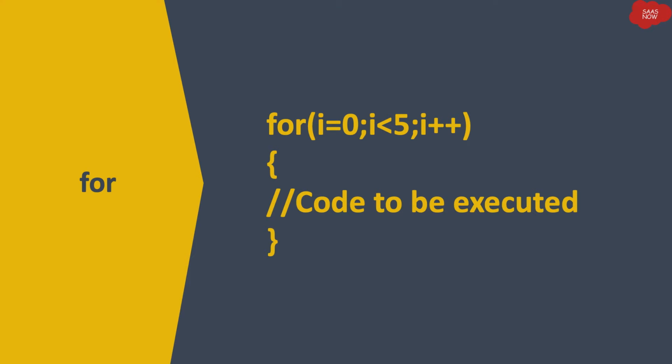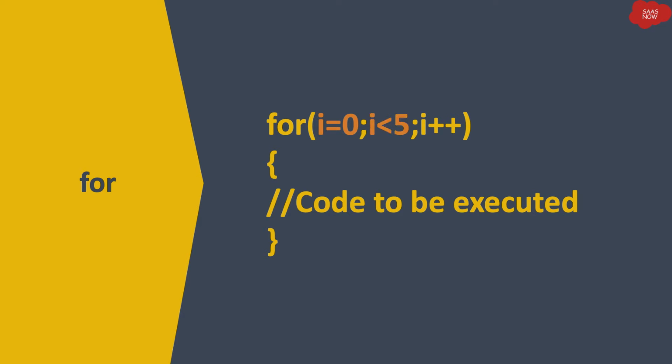The first statement is executed only once, and that is before the code in the main block is executed. So whatever code you want to execute in the curly brackets, before that code, this first statement will be executed.